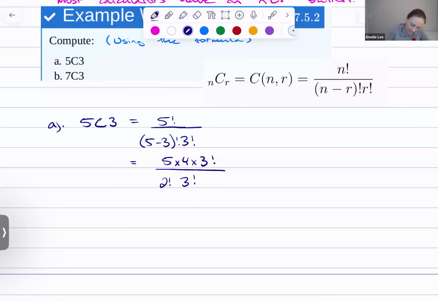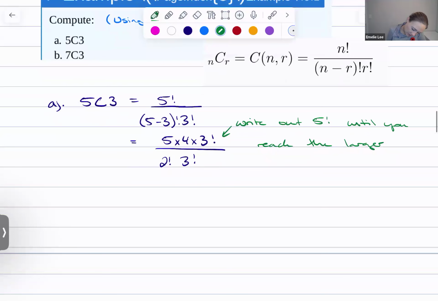And so here, I'll just make a note. Write out 5 factorial until you reach the larger factorial in the denominator. And that's just to cancel as quickly as you can.